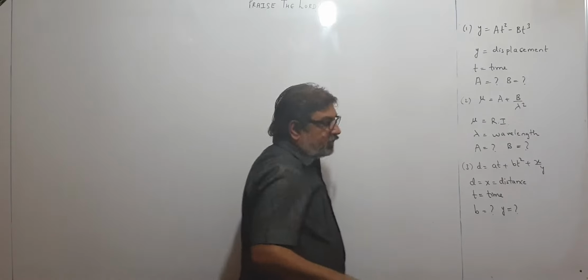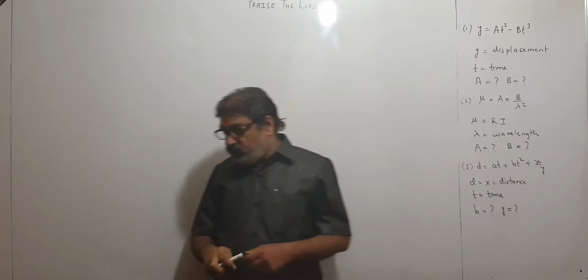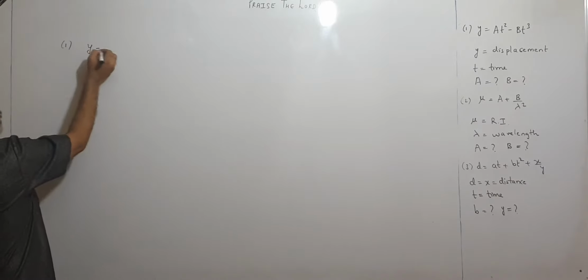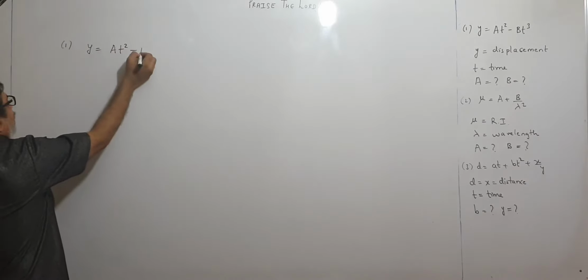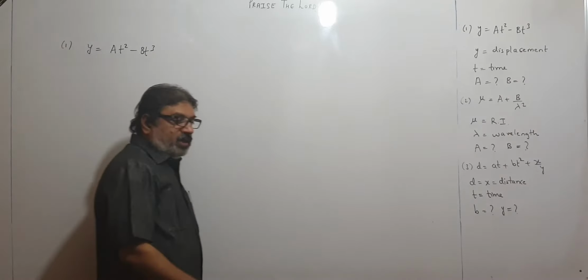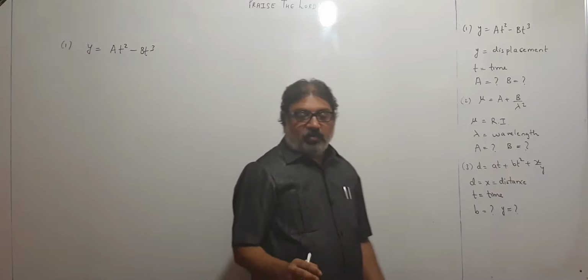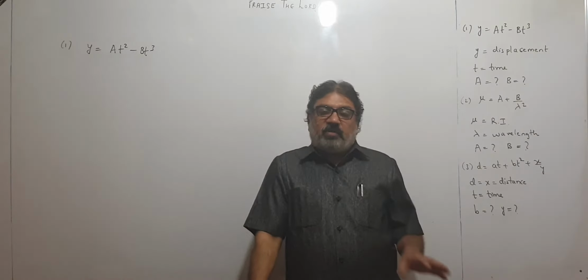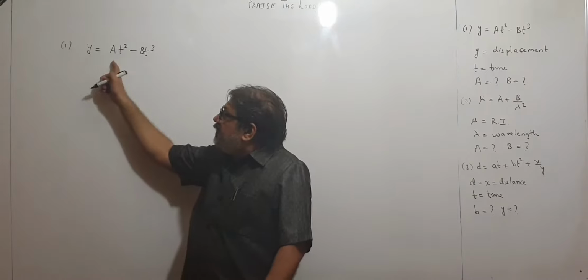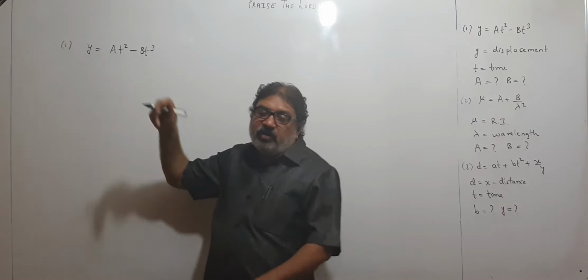See children, the first one is y equal to at square minus bt cube. Now see children, angle is not involved over here. Can you see theta or omega anywhere? No. That means dimensions or units, I can say they are same. Dimensions of this and this will be same, or units will be same because angle is not there.